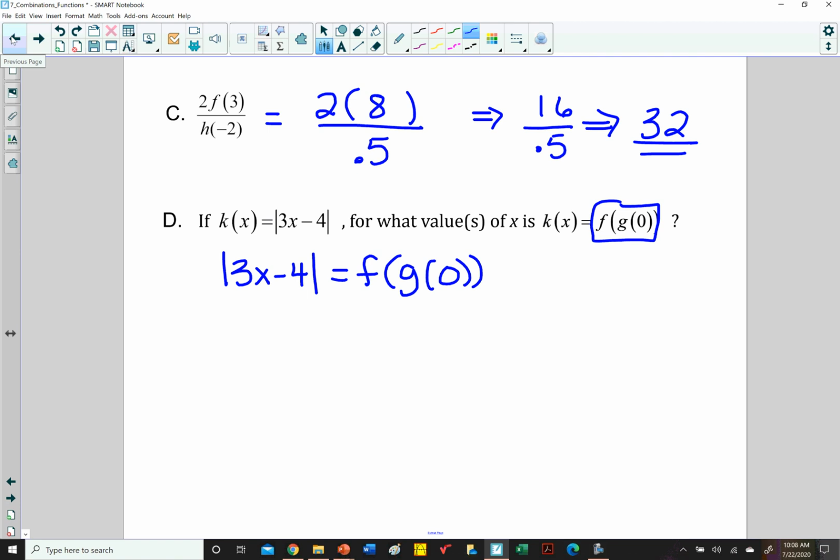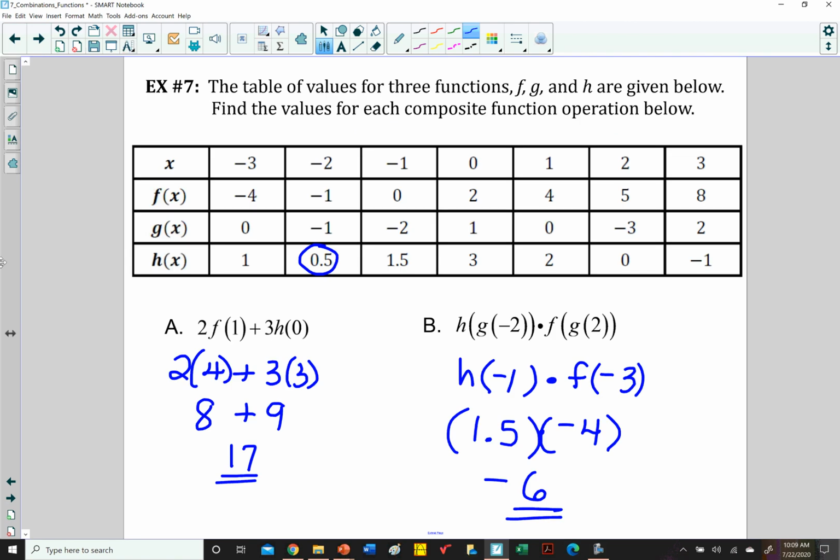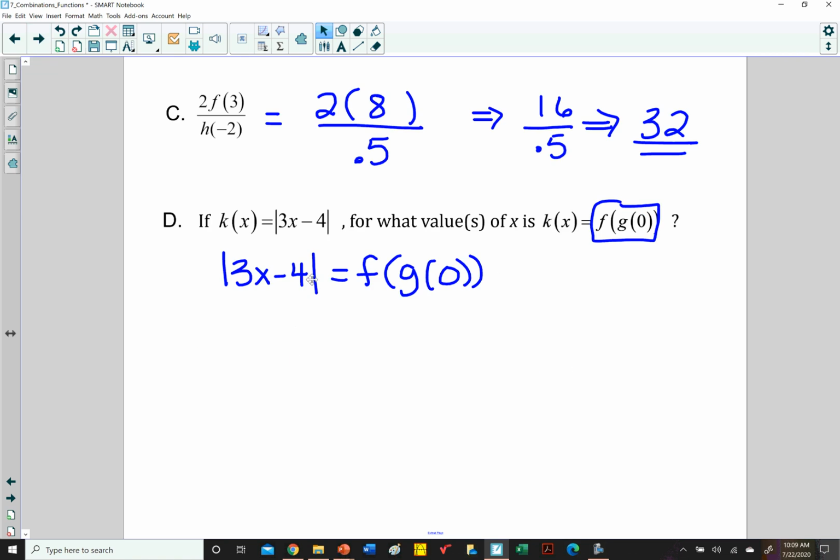Did we find that earlier? I don't believe so. So the g of 0 is 1, and the f of 1, when x is 1, the f of 1 is 4.